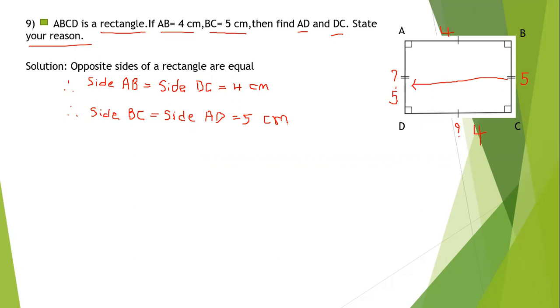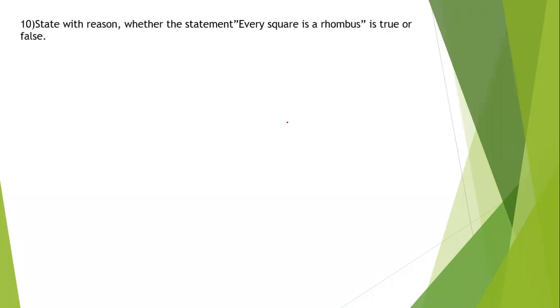Now let us move to the last sum, that is sum number 10. State with reason whether the statement every square is a rhombus is true or false. So here we have to first write whether the statement given to us is true or false, and after writing that, we have to write the reason also why we are writing it as true or false.